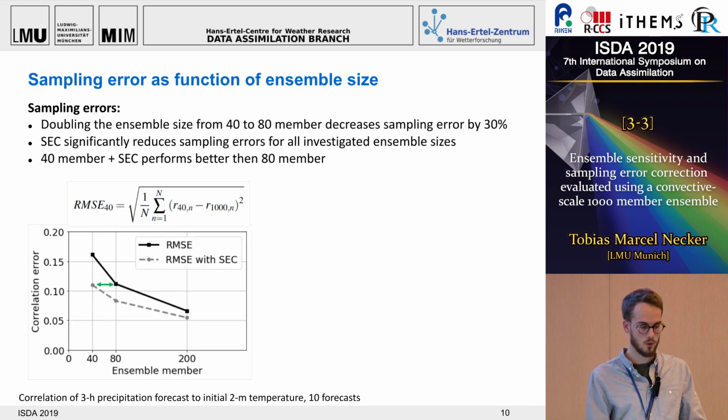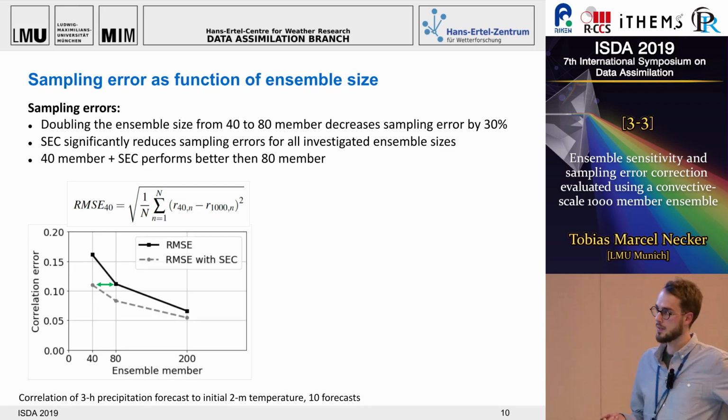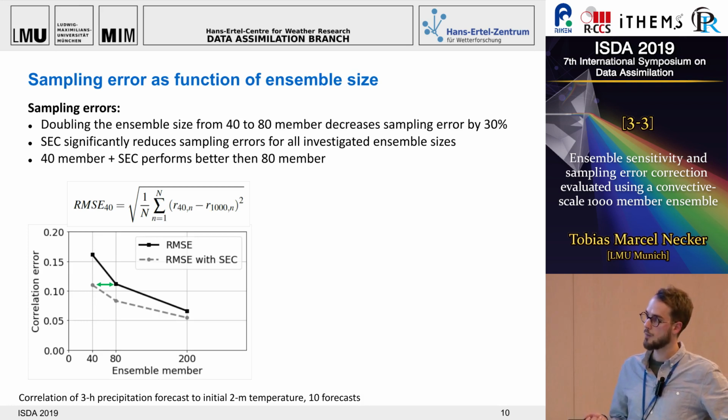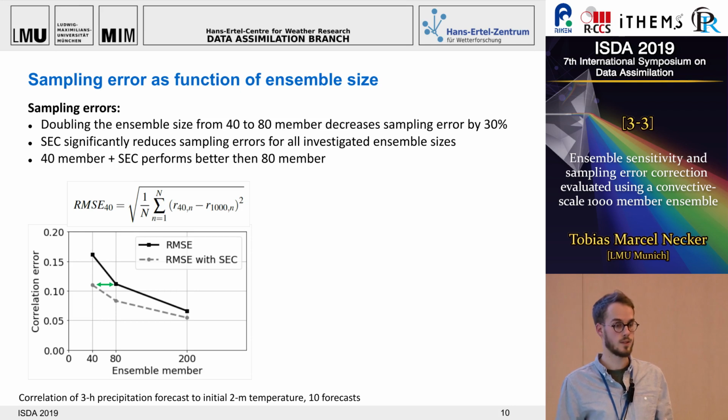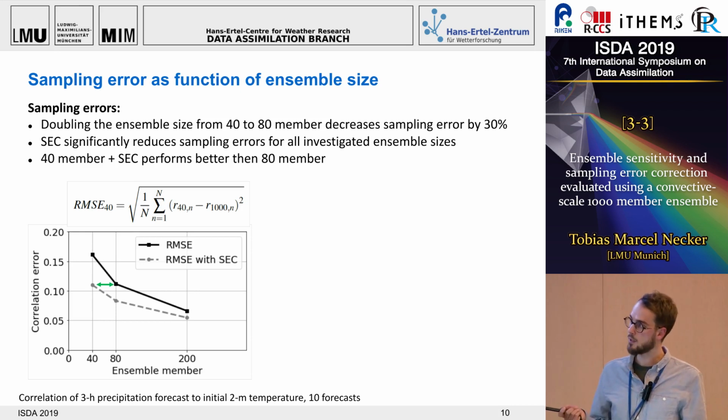To go on, I will now show you how the sampling error correction performs as a function of ensemble size. You can see here, for 48 and 200 members, the sampling error that we make compared to 1,000 members. Increasing the ensemble size reduces the sampling error. Again, if we apply the sampling error correction for all the ensemble sizes, we see a clear improvement.